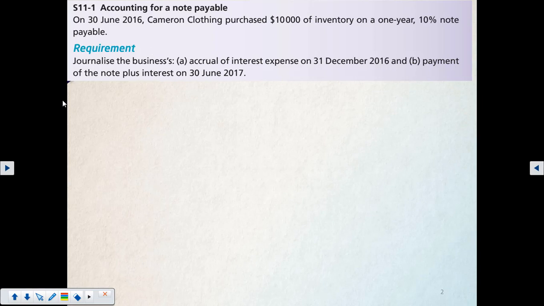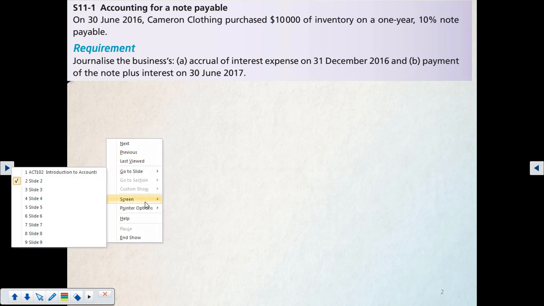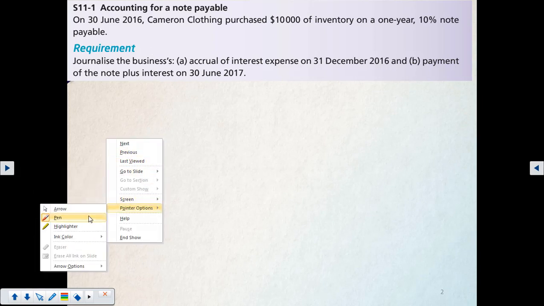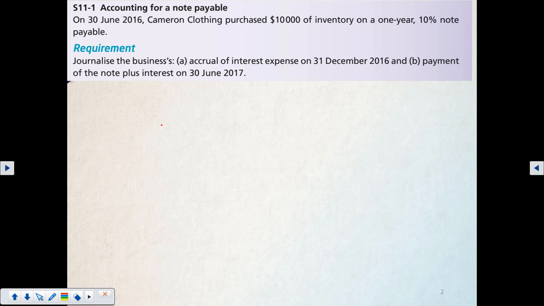Can you try? What is the journal entry for recording accrual of interest expense? No need for the amount first, give the journal entry first.